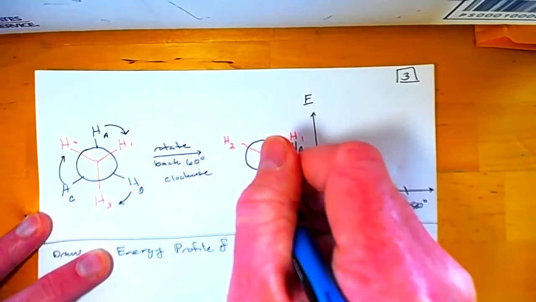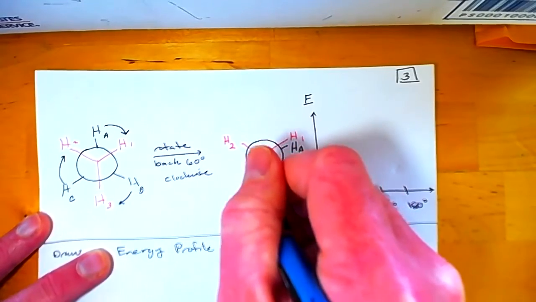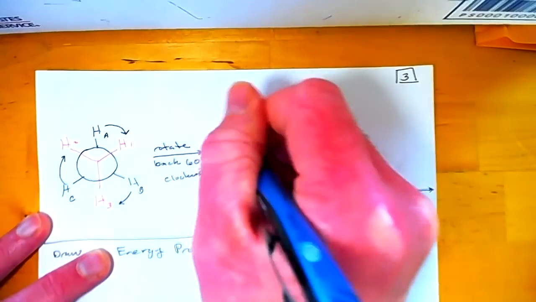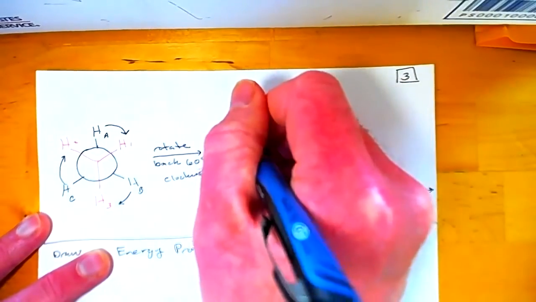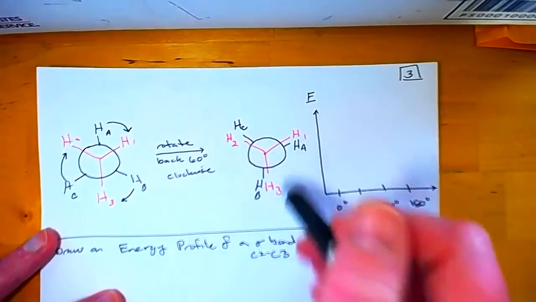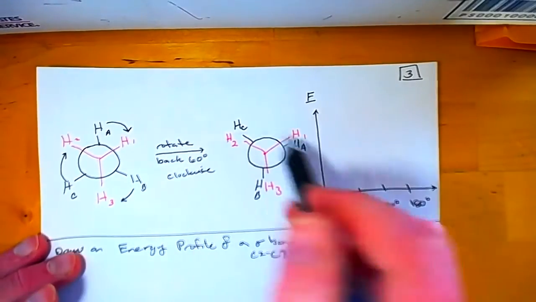Hydrogen B is now eclipsing hydrogen 3, and hydrogen C is eclipsing hydrogen 2. And so you can see that all of those hydrogen atoms are now in a high energy state.